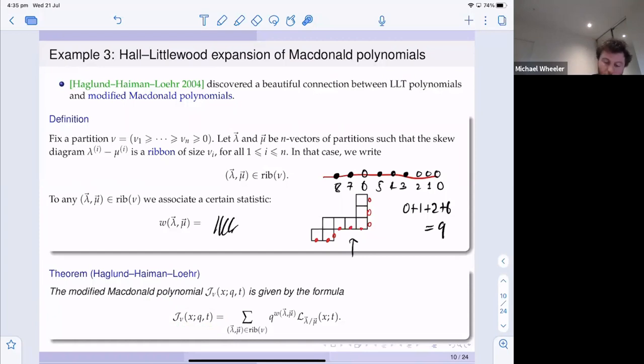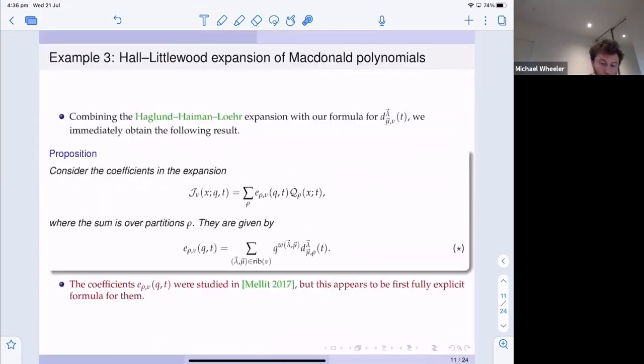So that's the formula. So what we can do now is we can actually take this formula and combine it with the formula for expanding LLTs into Hall Littlewoods. And you put the two things together, and now you get a formula for expanding McDonald into Hall Littlewood. So that's the result here. Okay, so let's define some more coefficients.